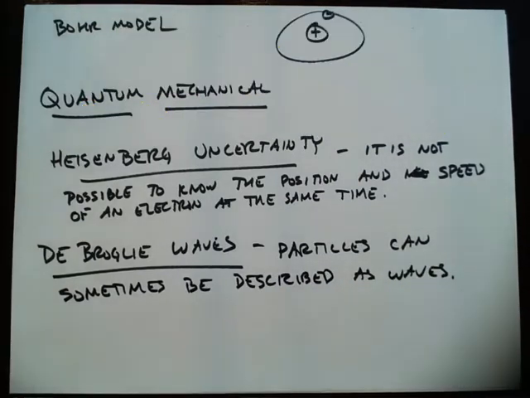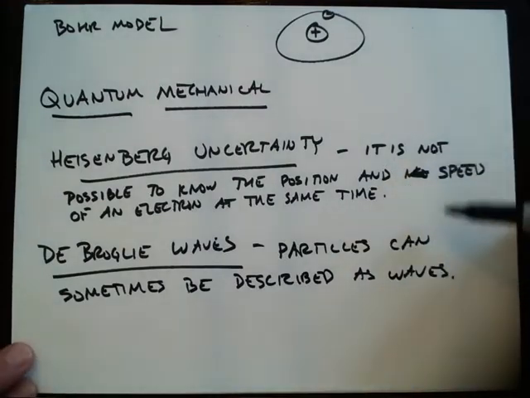So just like a photon is a particle of light, so to speak, and light can sometimes be described as a wave and sometimes a particle, it turns out that particles such as the electron or the proton can also sometimes be described as a particle or a wave.